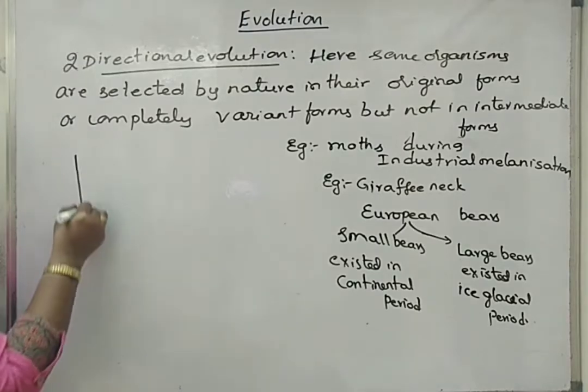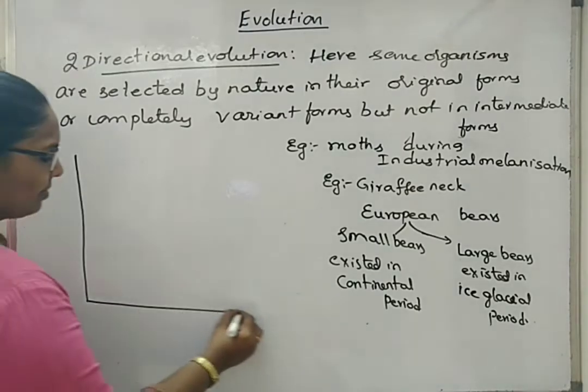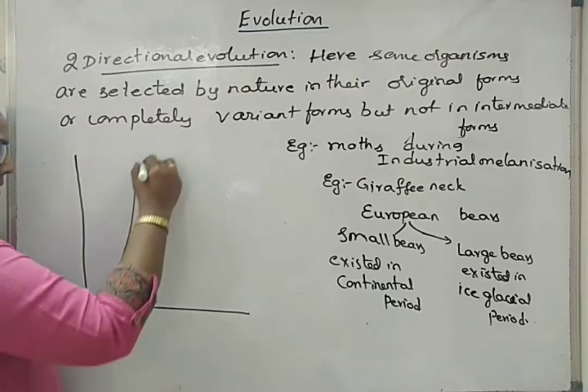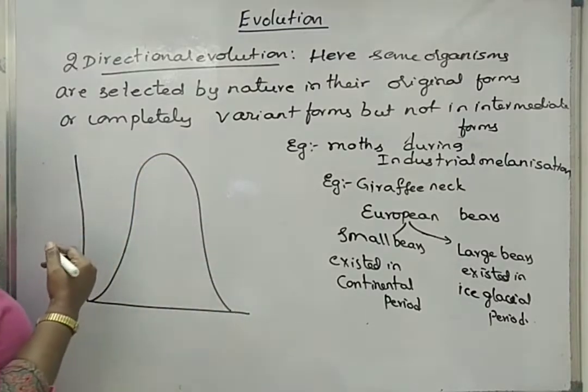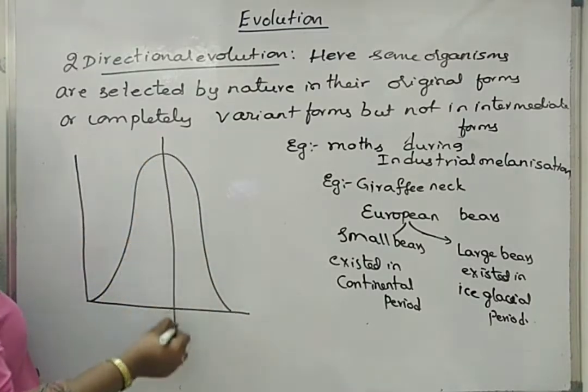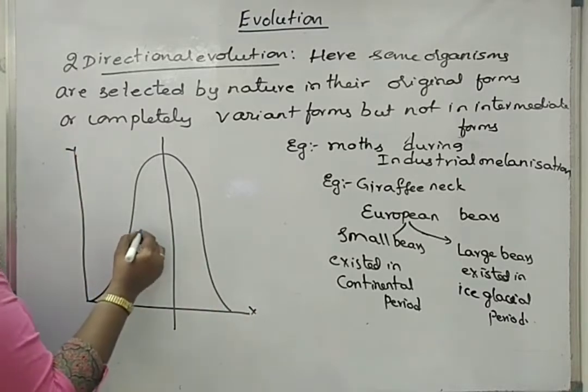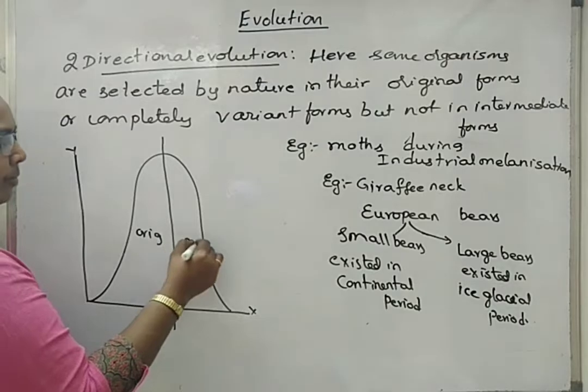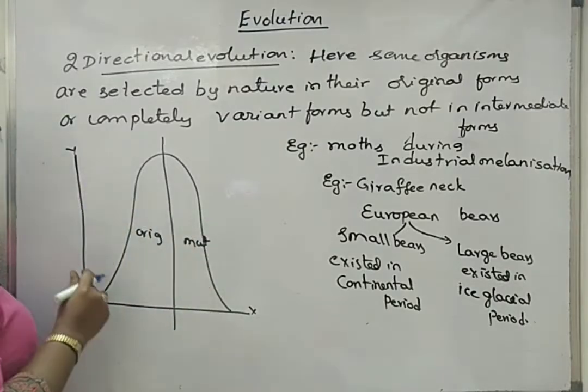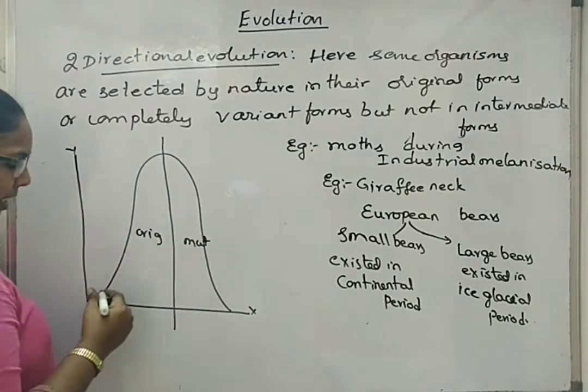If you take the graph, actually the organisms should be like this. Means if we divide this by drawing a central axis, here original species and here mutated species must be there. But in the course of evolution, what happens?